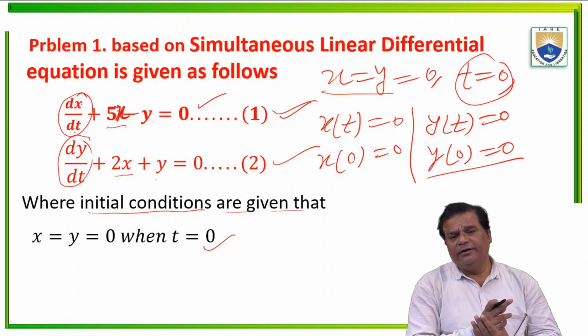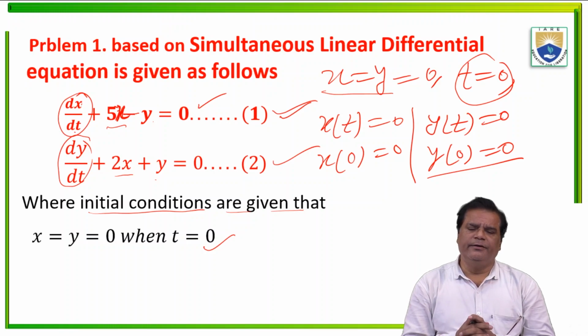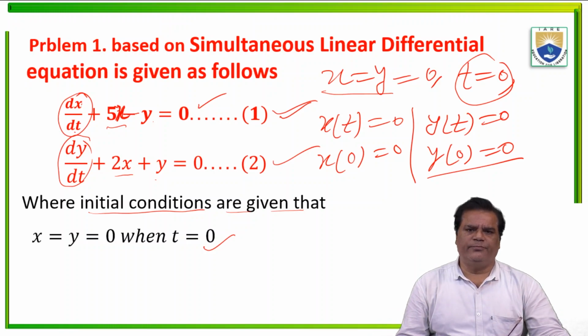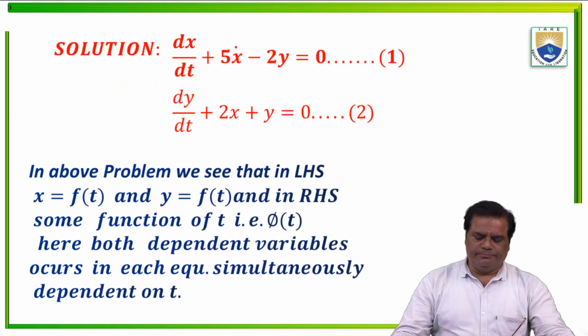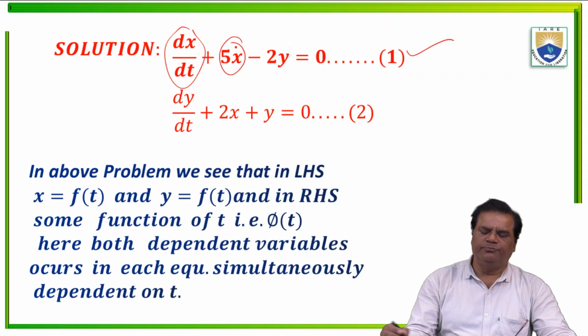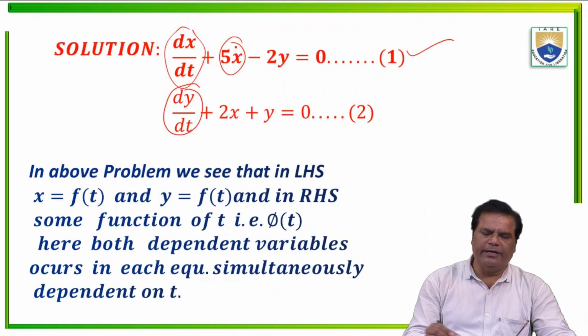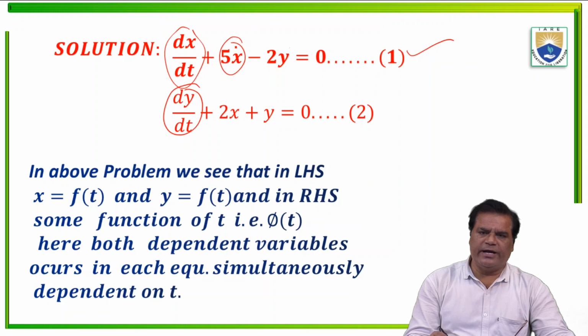So first of all, we find out the solution of the given question in complete form. After that, we apply these initial conditions. Solution: dx over dt plus 5x minus 2y equal to 0. This is equation 1. Equation 2: dy over dt plus 2x plus y equal to 0.